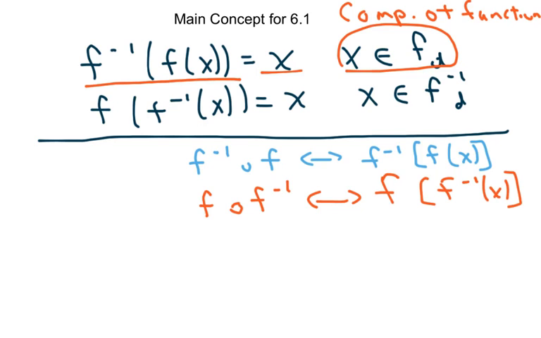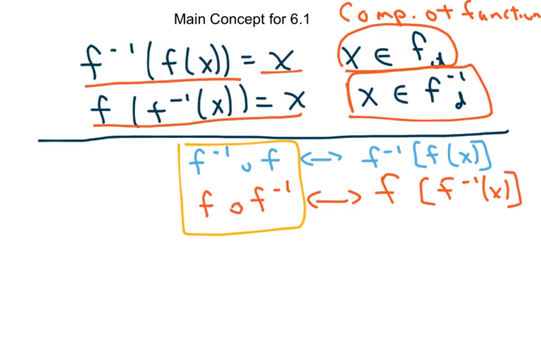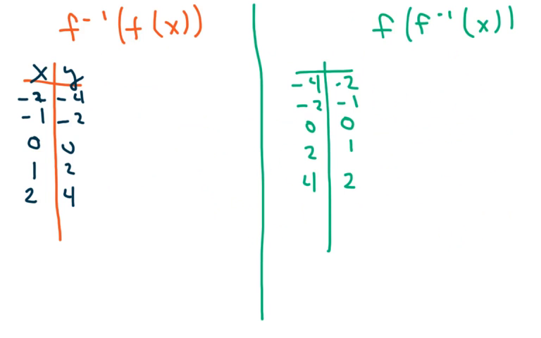If I compose f with f inverse, then x belongs to the domain of f inverse. This is a different way of writing the same thing. So you can write it this way, or you can write it this way. Okay, this is the easier way to write it. This way is a more functional way to write it, especially if you're evaluating.